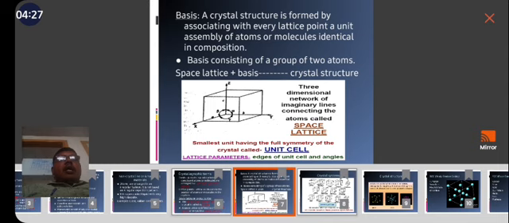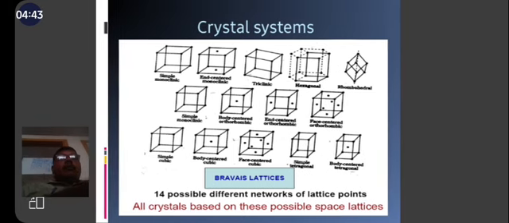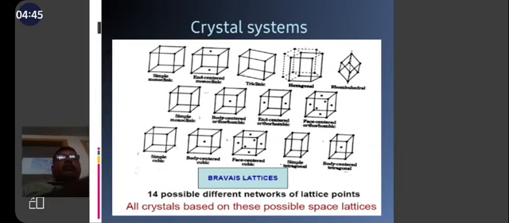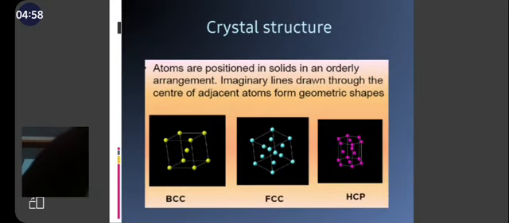The smallest unit having the full symmetry of the crystal is called the unit cell. These are all the different types of crystal systems. There are 14 possible different networks of lattice points, and all crystals are based on the possible space lattices.